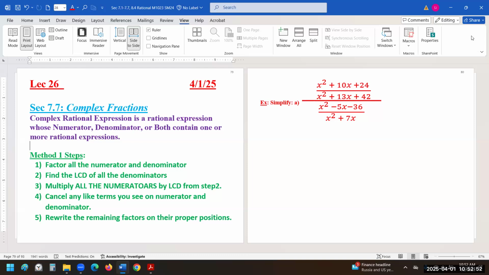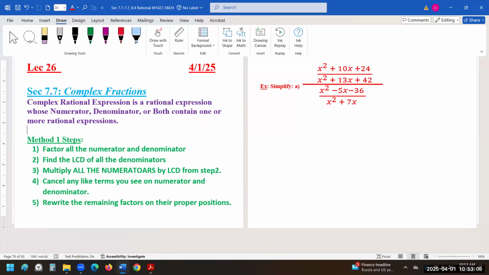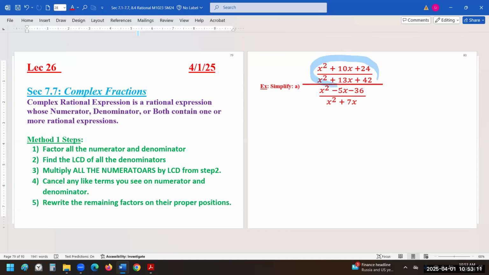There are two types of complex. One is a single fraction divided by a single fraction. What does that mean? We have one fraction on the numerator and we are dividing by another fraction on the denominator.